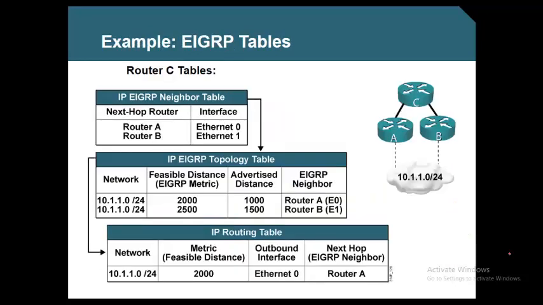Now you see, this is an example. For C to reach this network, you can go via A, you can go via B. In the topology table, you have both, going via A and going via B. But only the low cost path is the best path.